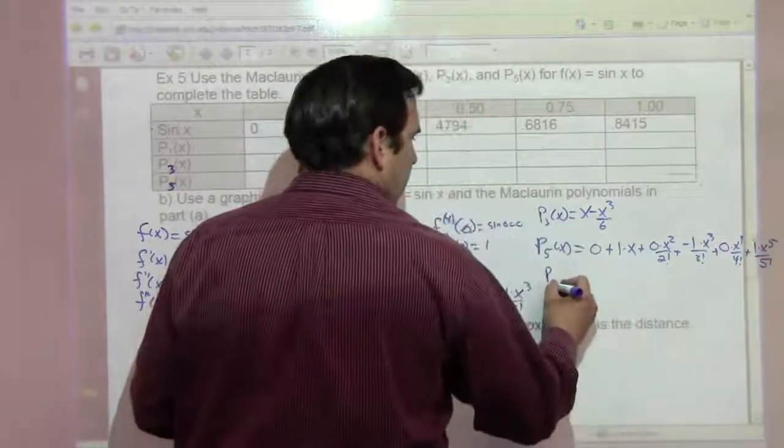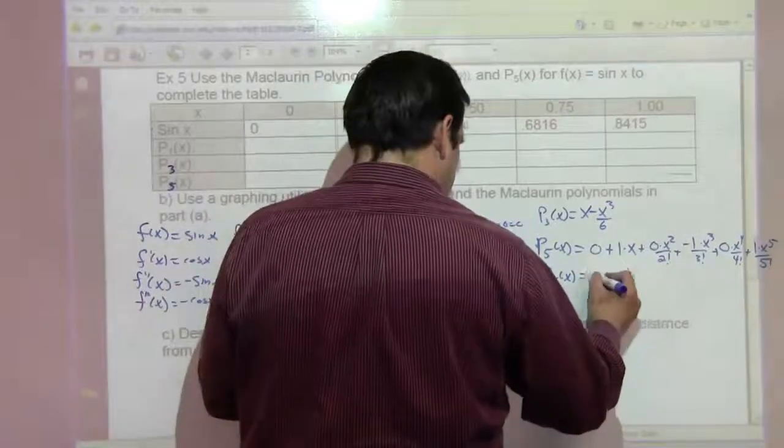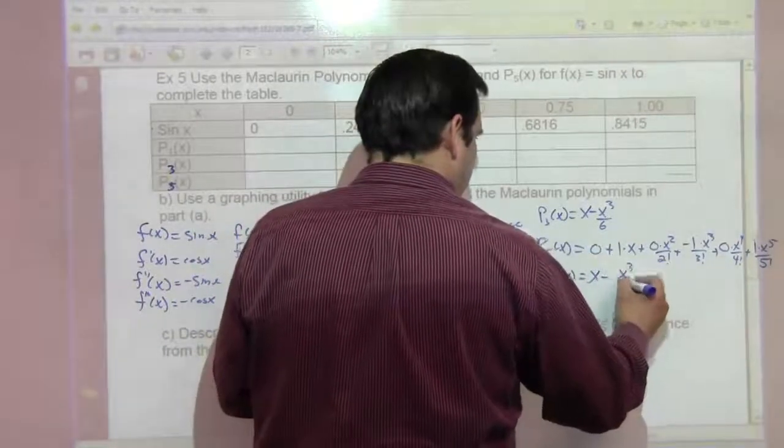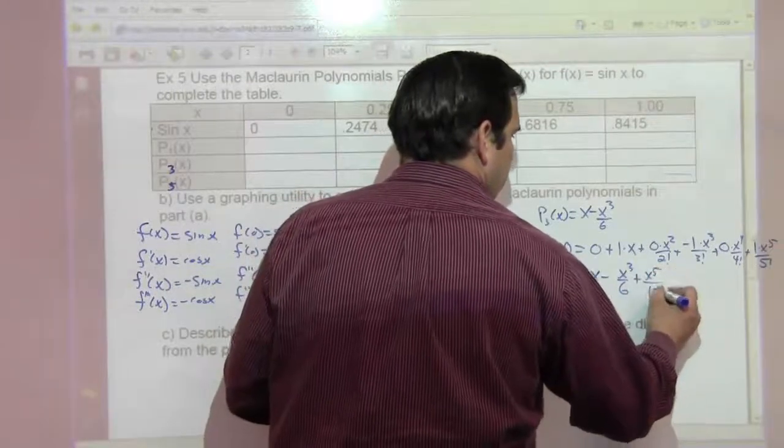So our P5 of x is going to be x minus x cubed over 6 plus x to the fifth over 120.